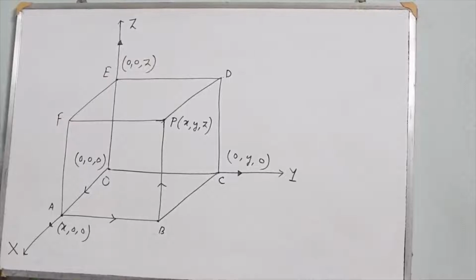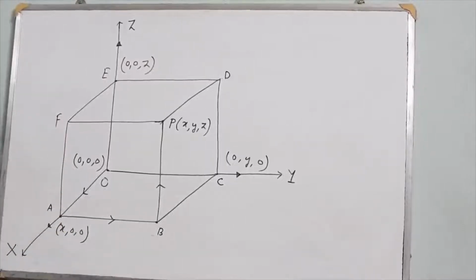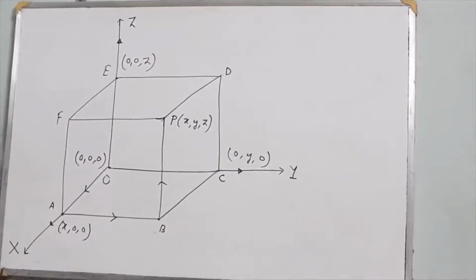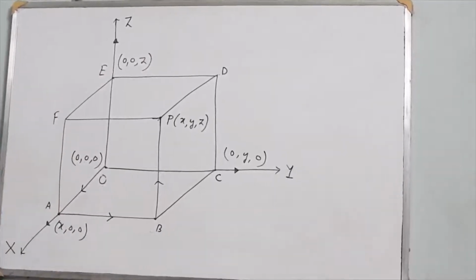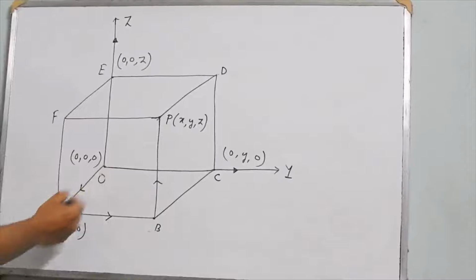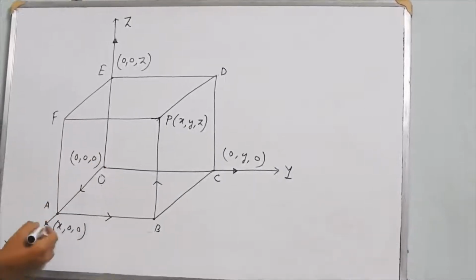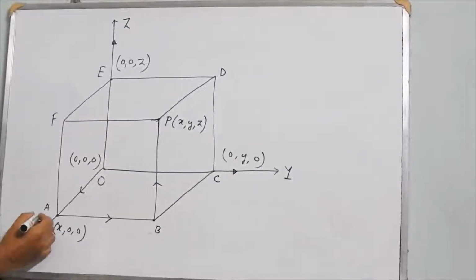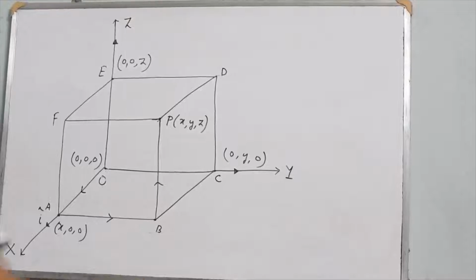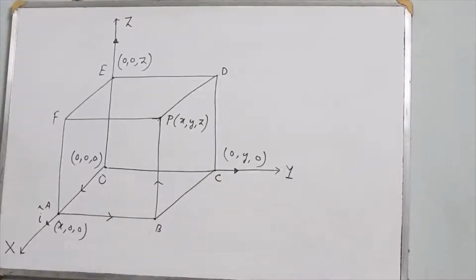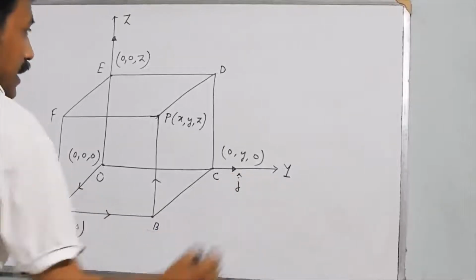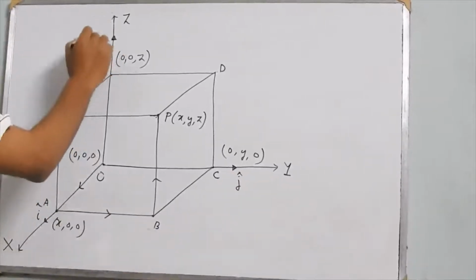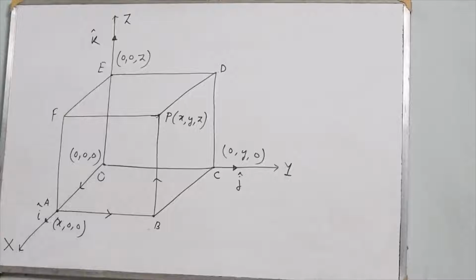If you remember, the directions of the x, y and z axes are all represented by unit vectors. The direction of the x-axis is represented by the unit vector i hat, the direction of the y-axis by j hat, and the direction of the z-axis by k hat.